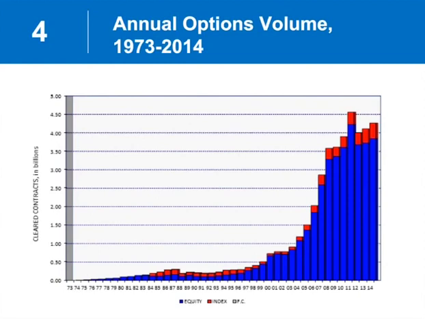We go back to 1973 in Chicago, and last year, 2014, was the second busiest year in history at about 4.3 billion contracts, which breaks down to just shy of 17 million contracts a day.